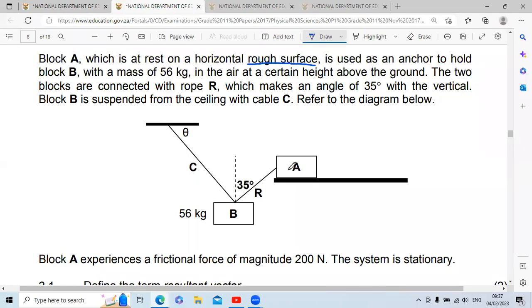Can you give a free body diagram of A and B, just from your imagination, instead of having to first draw it down?